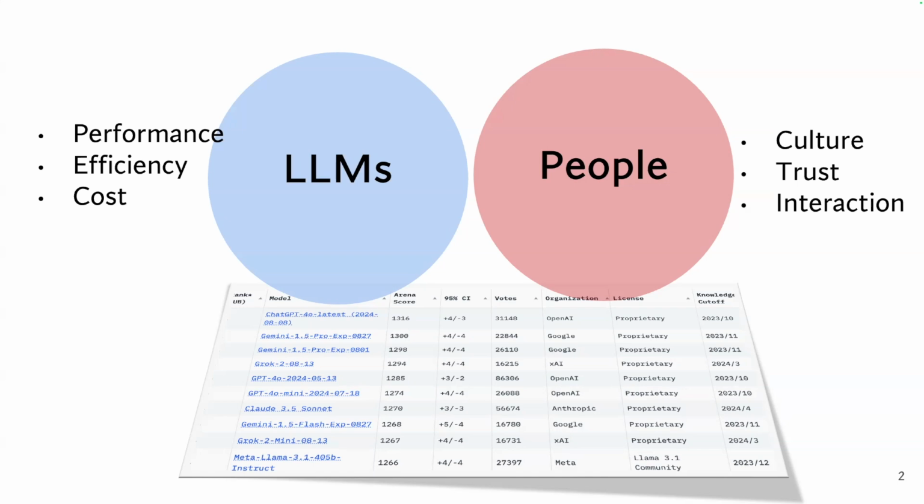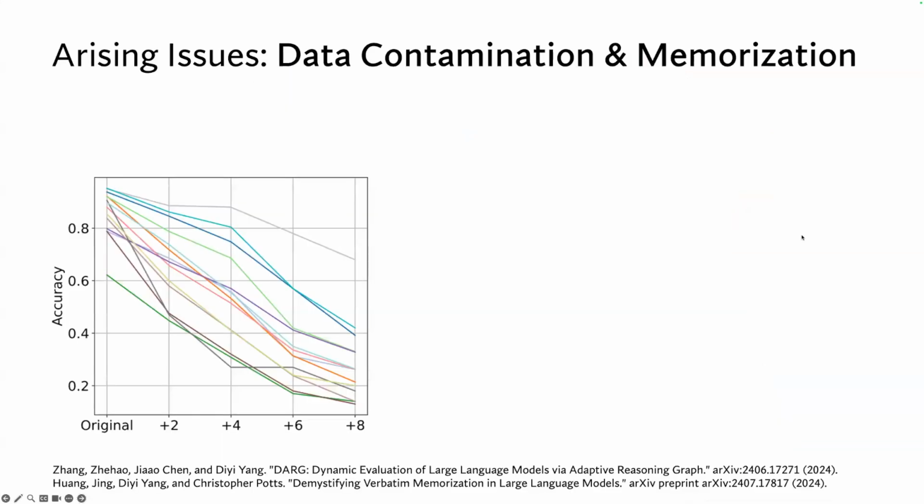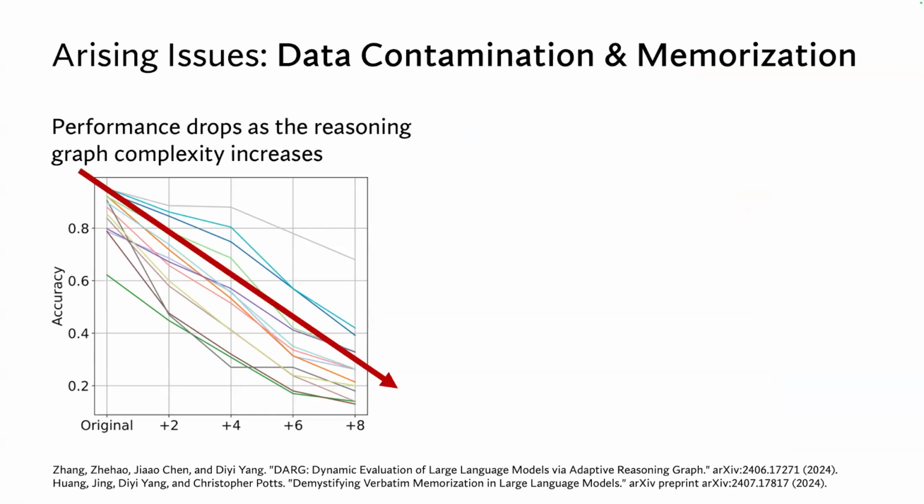I want to give you some quick examples of the issues that might arise when we have both large language models and people in the same ecosystem. One of the top issues is around model performance, specifically data contamination or memorization.